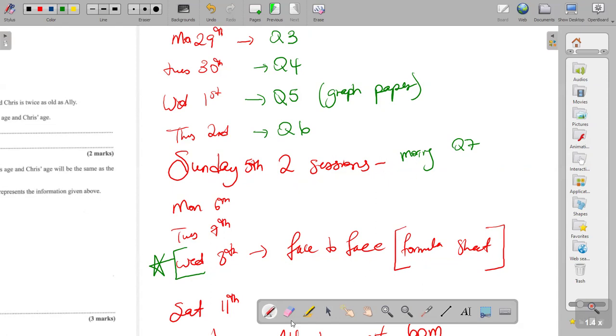So instead of morning, I should just put first session, because it's not necessarily in the morning. So first session is question number 7. Second session, question number 8. And then, oh yeah, we make it question number 9. Question number 10. I mean, we gotta stick to the schedule for sure.